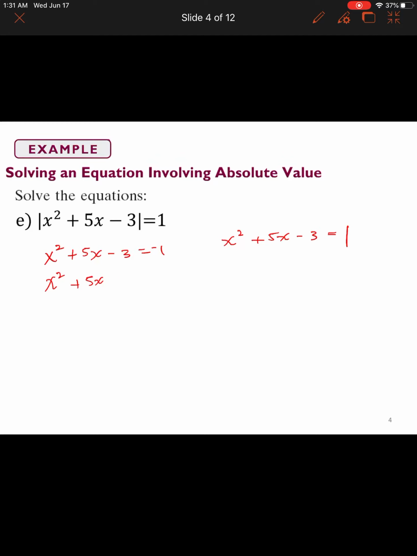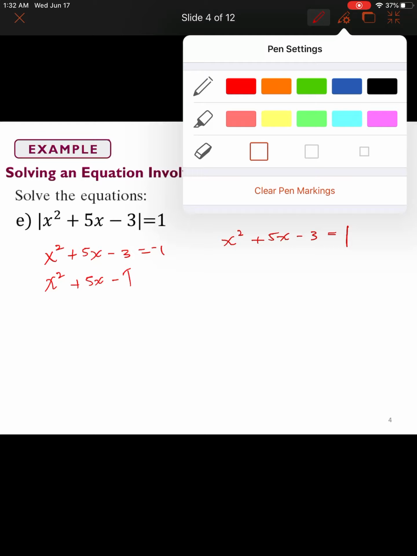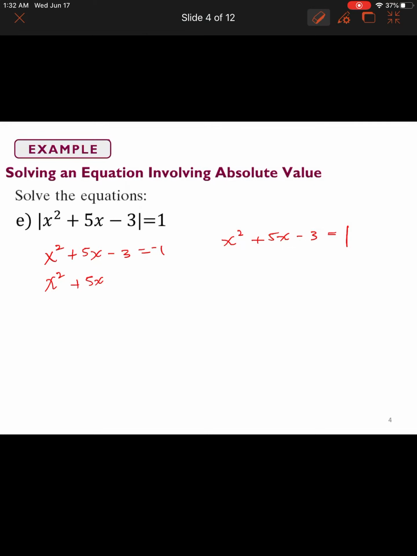Getting ready to solve this, we have x squared plus 5x minus 4. Is that minus 4? No. x squared plus 5x minus 2 equals 0.